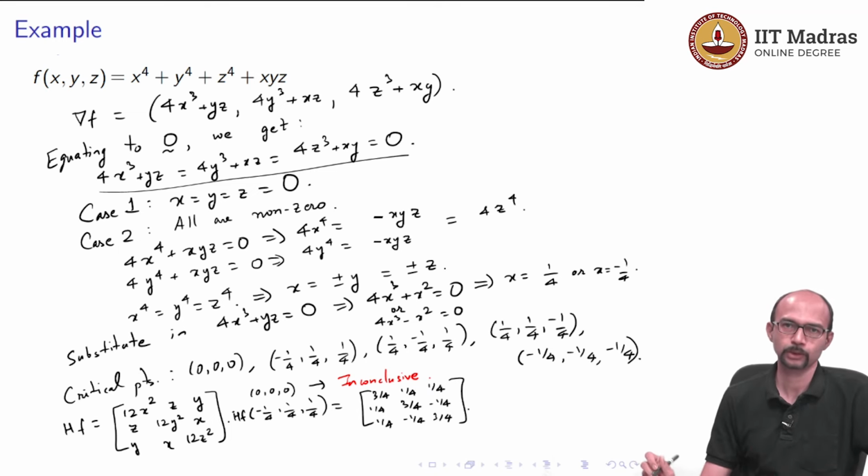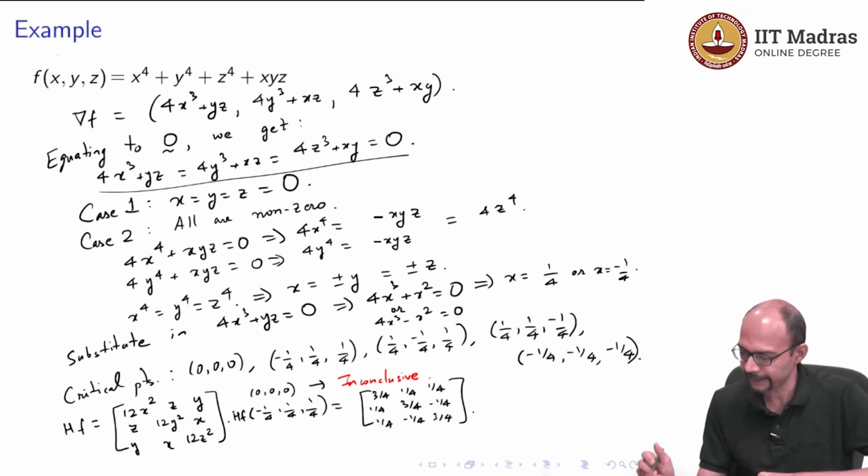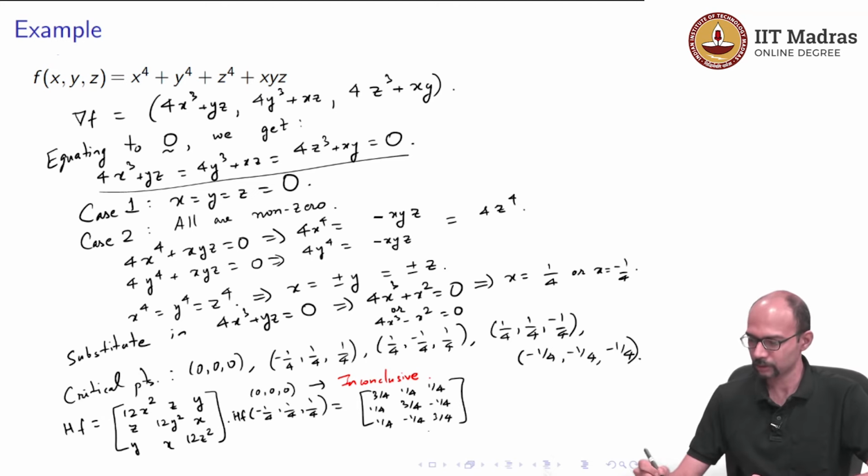Okay, now you can use our good old determinants and check what we are getting. So, notice here that there are constants in this, so you can pull out the constant. This matrix is 1/4 multiplied by the matrix which consists of integers, if that makes your computation easier.